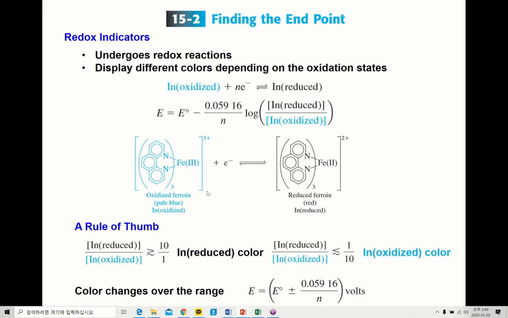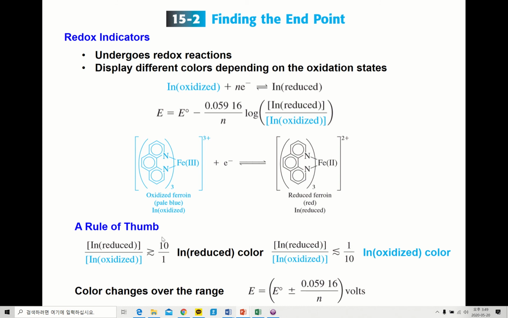Why? Because the electrons now undergo electron transition, right? And in the electron transition, the energy levels are different depending on the oxidation state. And here is a rule of thumb.